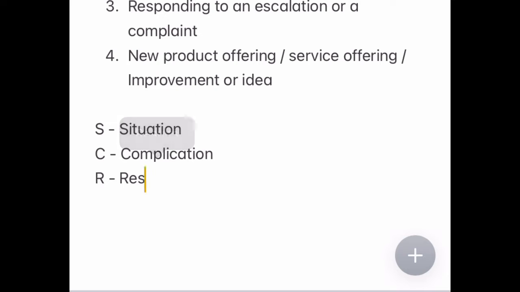So there is a situation, there is a complication in that, and you come up with a solution, or by implementing what you are telling to do, what will be the result that you gain. So that is the SCQA framework.